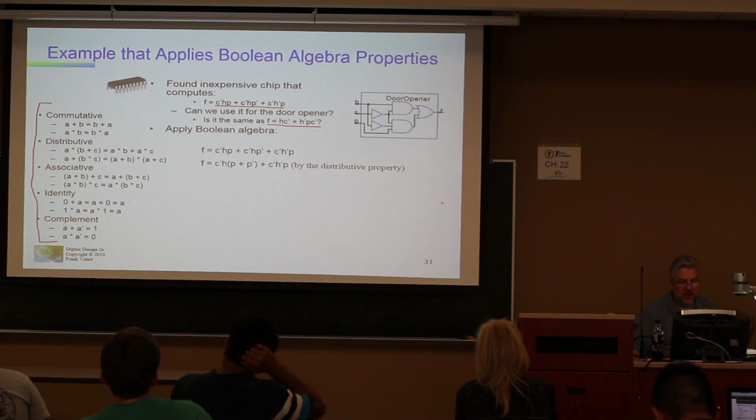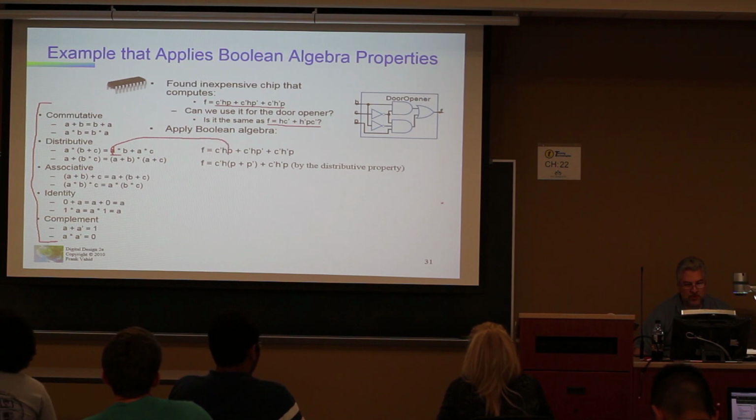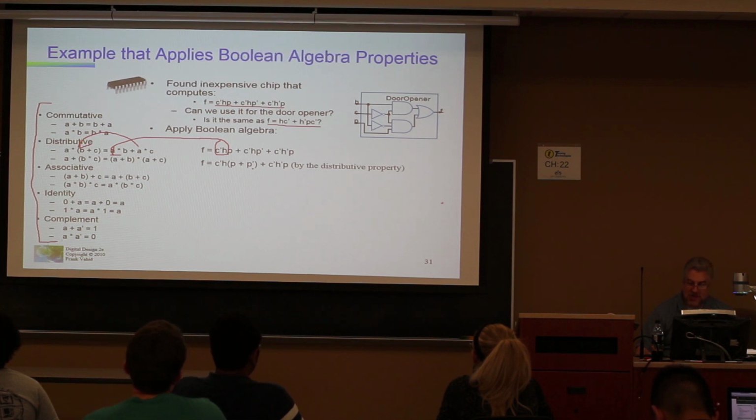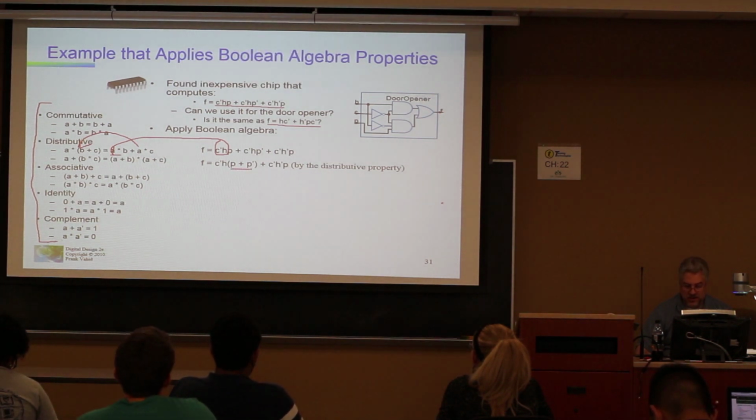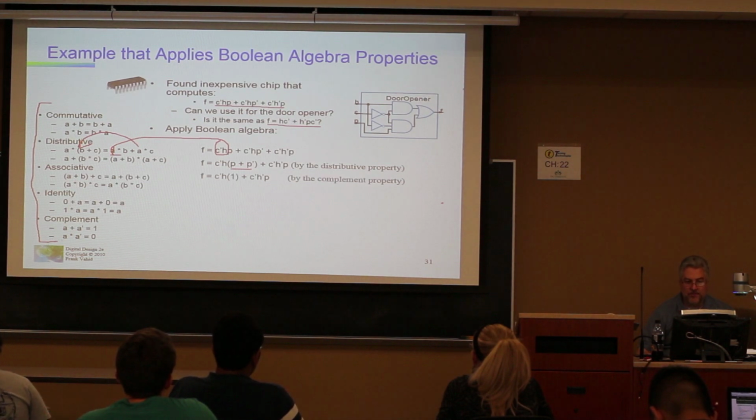And then there's a B and a C over here. So in this case, A is the C prime H, because it appears in both sides. So we're applying the distributive property. And from this we pull out P plus P prime. And P plus P prime is 1. So then we can minimize from this step to this step.